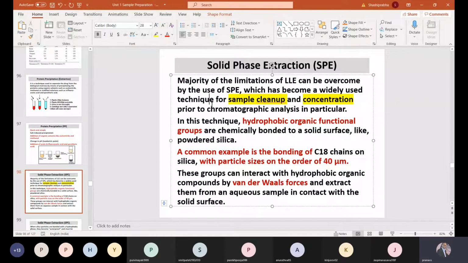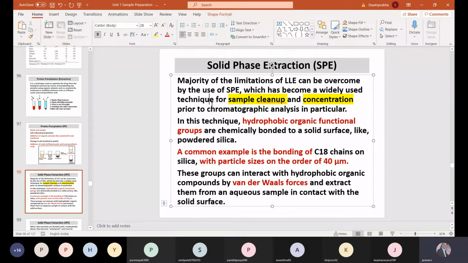Now, to extract these constituents or samples which contain organic moieties, those which have organic or covalent bonding, they are essentially water insoluble and they are hydrophobic in nature.